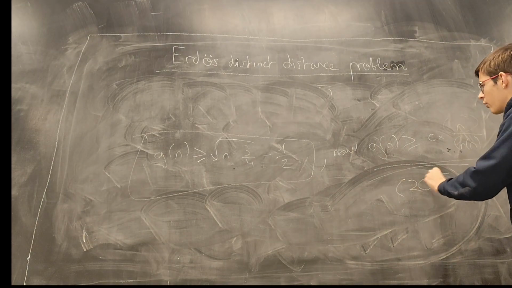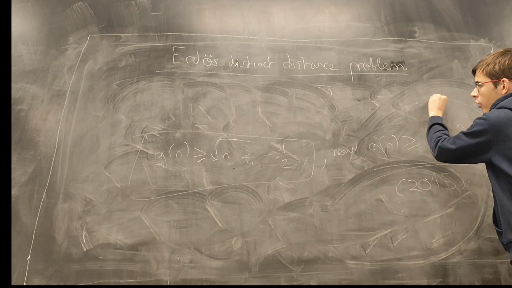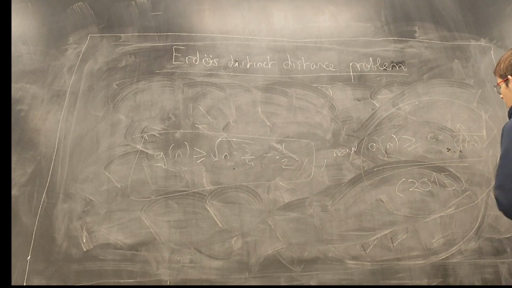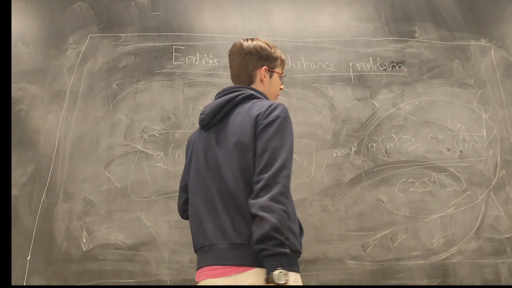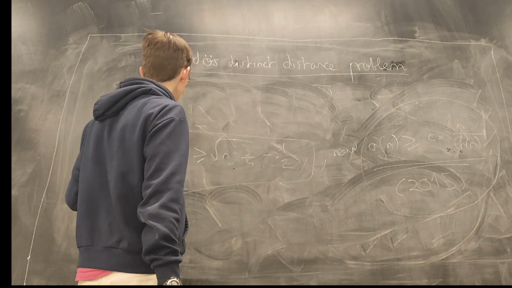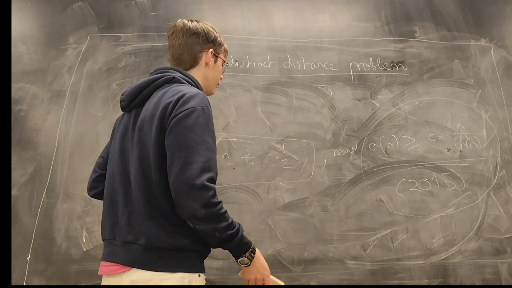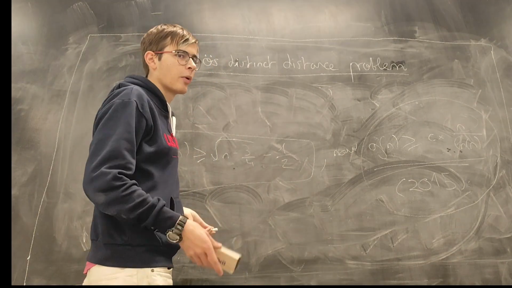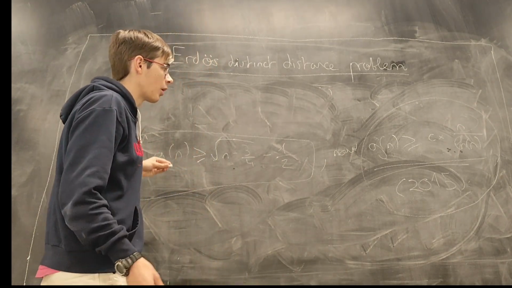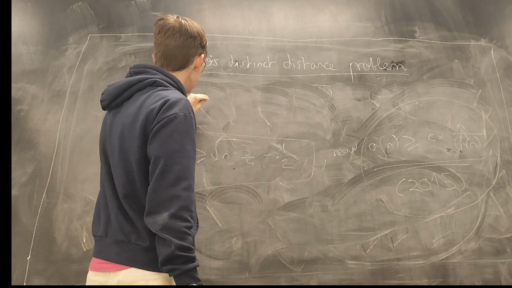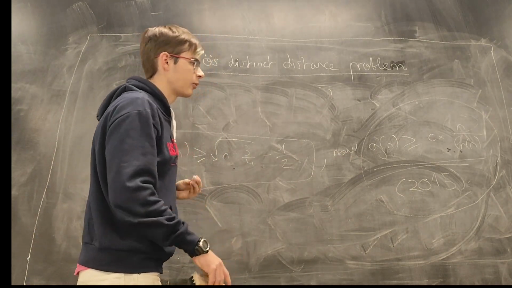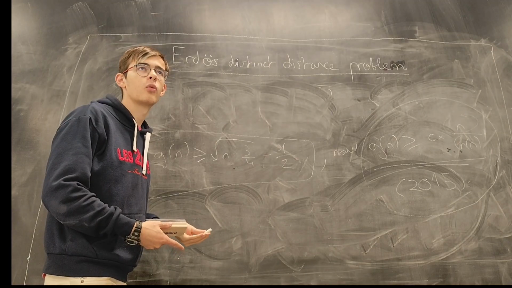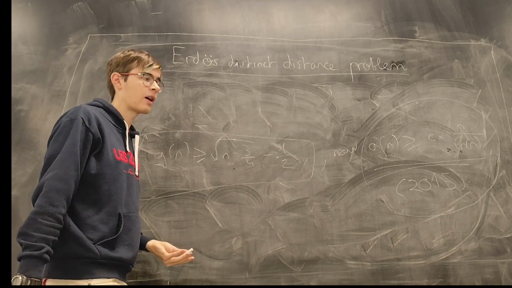Okay, so this is our current best known lower bound, and for the upper bound, it's much easier to find a good upper bound. Why? Here I'm not going to prove anything, but I'm going to sketch which set of points gives a good upper bound.